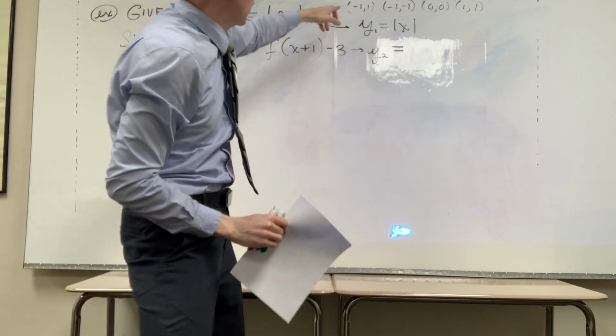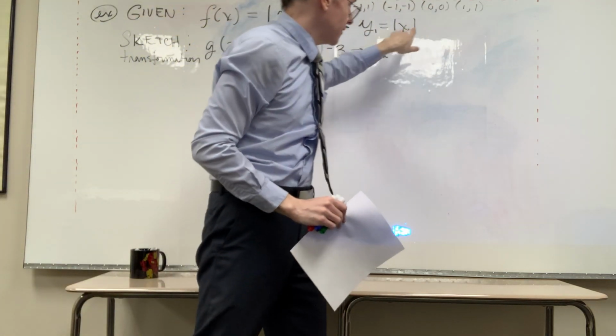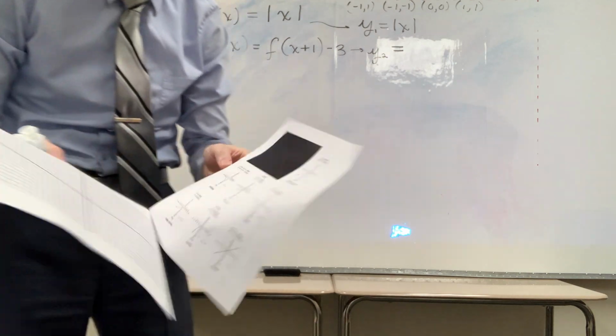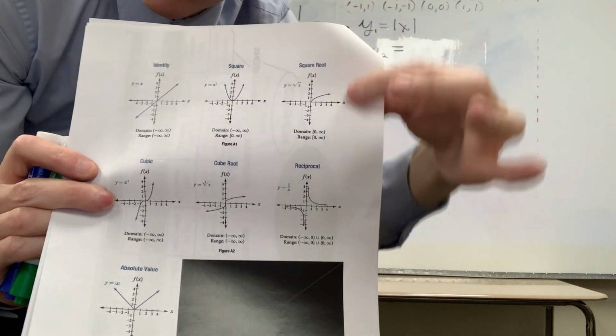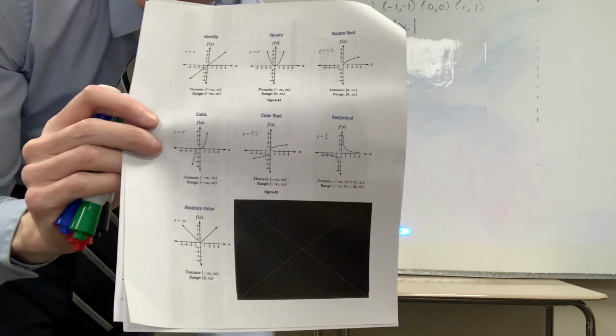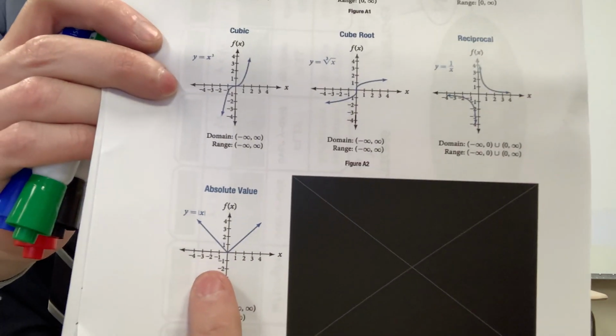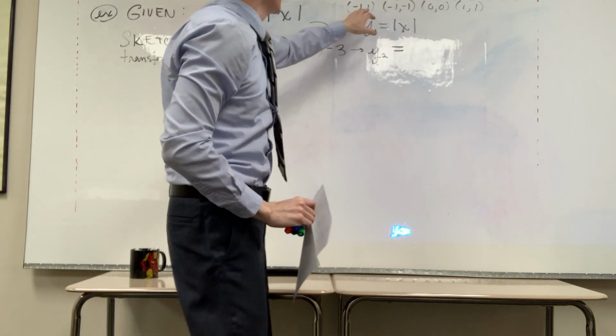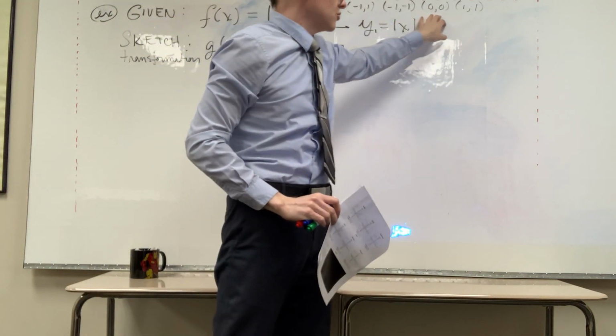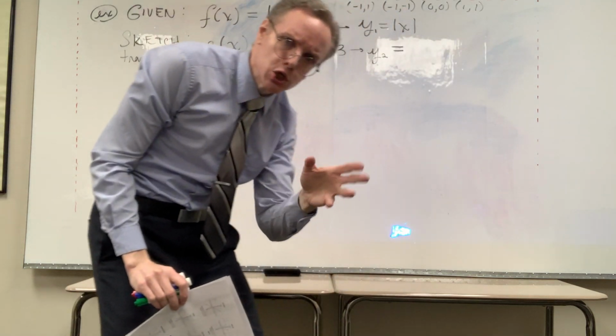Again, know a couple of points that make that particular type of graph. So have this on hand. These are what those basic parent toolkit functions would look like. We know that this is a V-shaped thing. So negative 1, 1, 0, 0, and positive 1, 1 would be good to know.